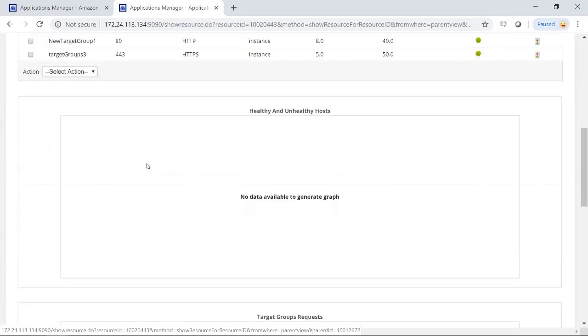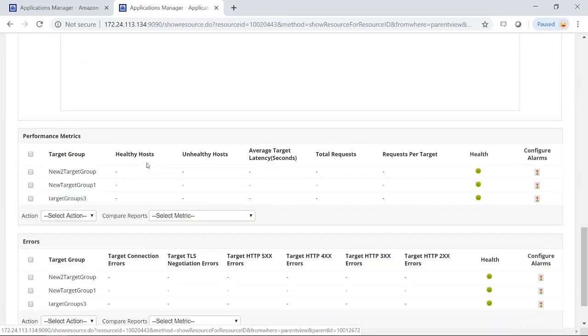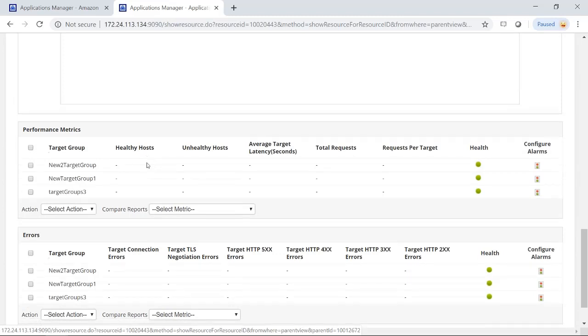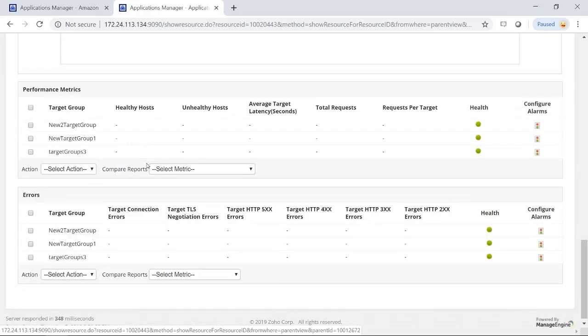The information is shown down below, where a user can easily get information about various HTTP response codes. For instance, if a specific load balancer is inaccessible, a user can identify what could be the reason, be it a 5xx error or a 4xx or whichever it may be. At the same time, it identifies the number of healthy targets as well as unhealthy targets, and lets a user keep track of things.